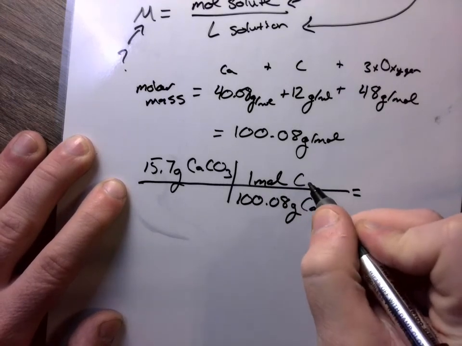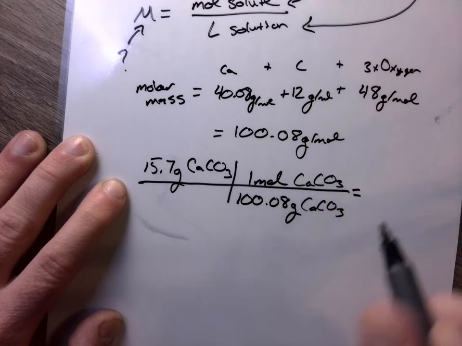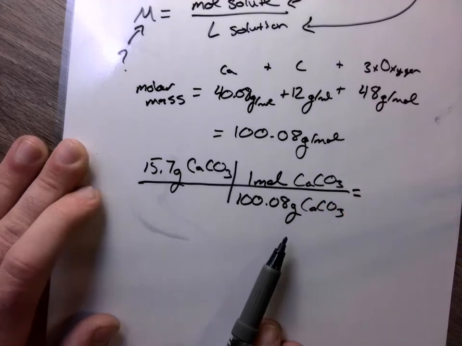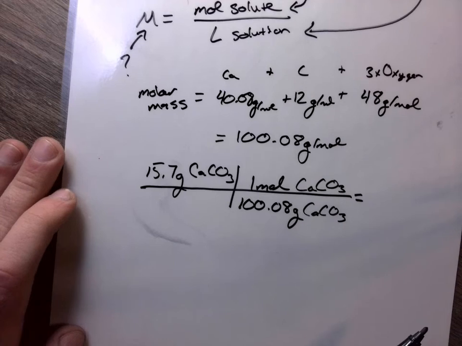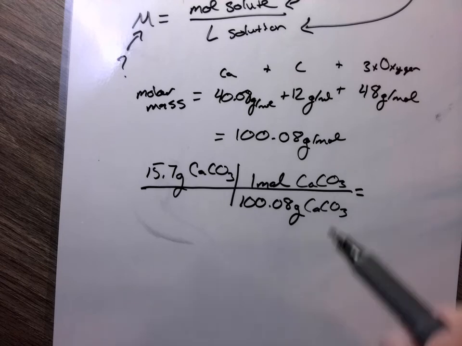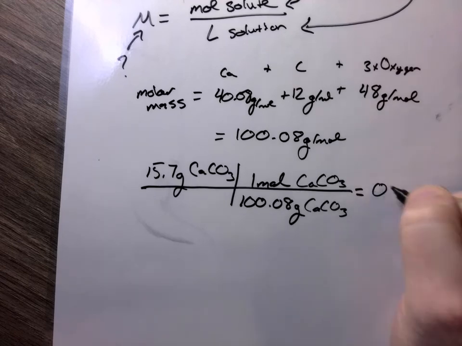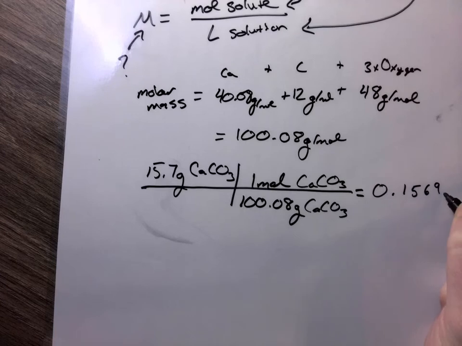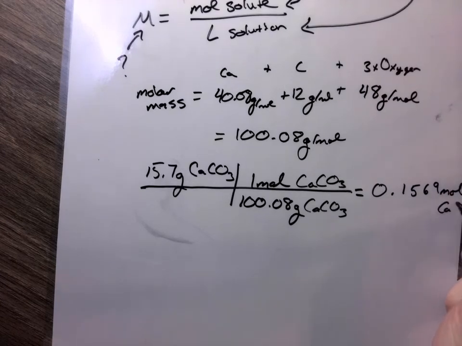We always write our substance. So 15.7 divided by 100.08 gives me 0.1569 moles of CaCO3.